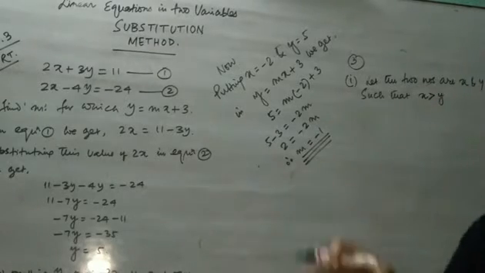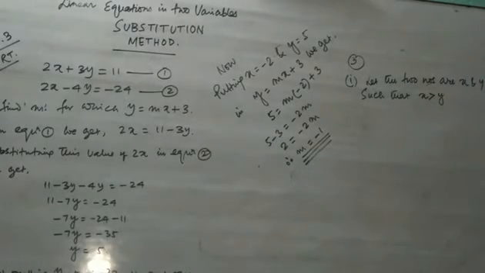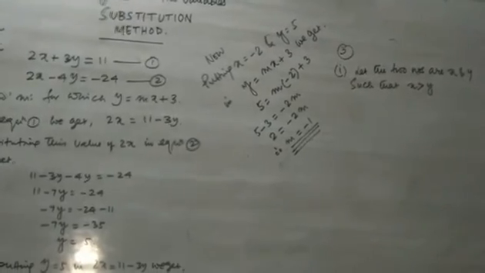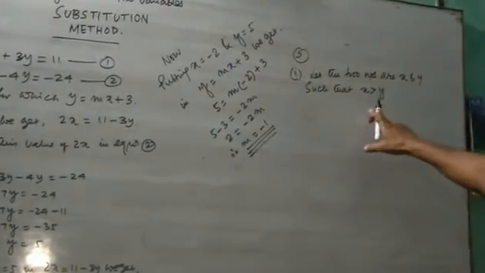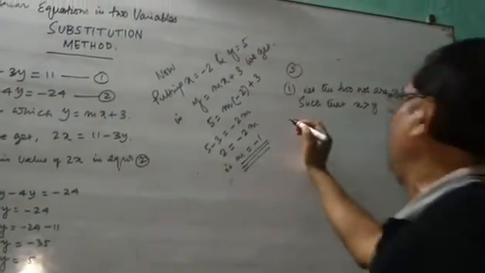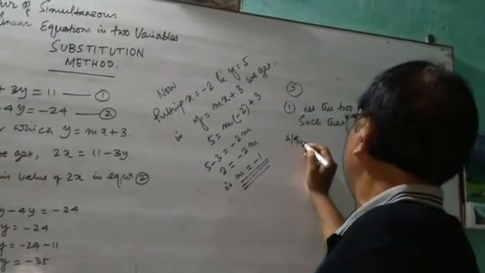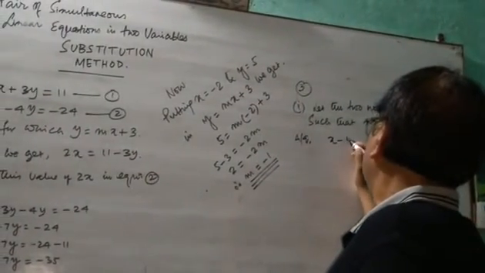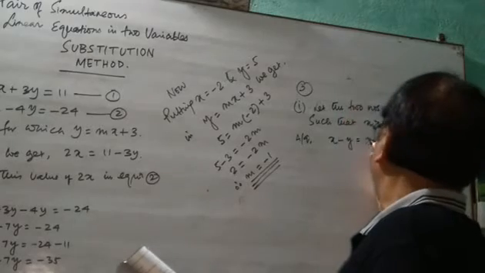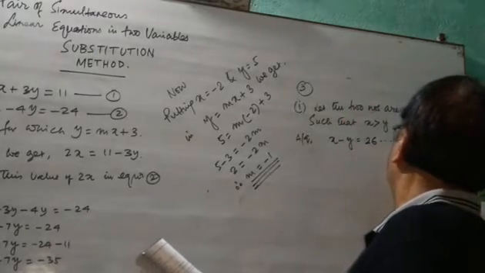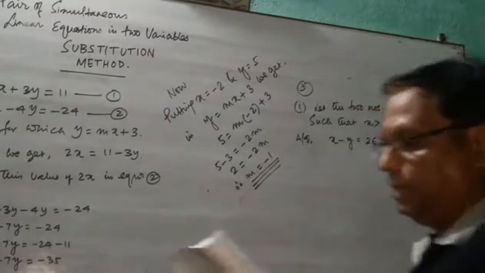You can take y greater than x, it is up to you. The difference of the two numbers is 26. If I have supposed that x is greater than y, then according to the question, x minus y is equal to 26. This is your equation number 1.